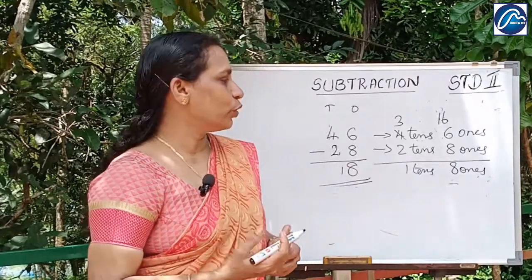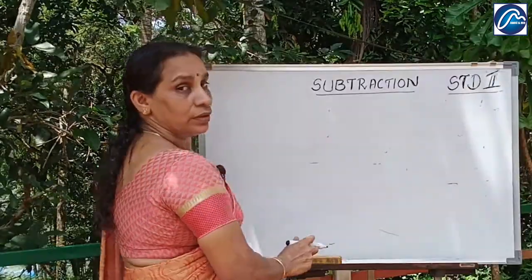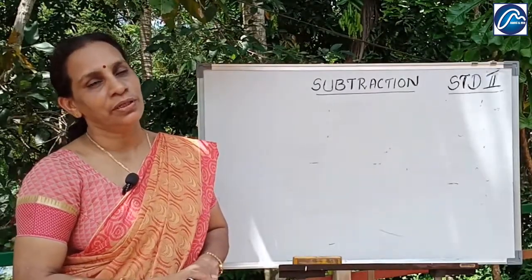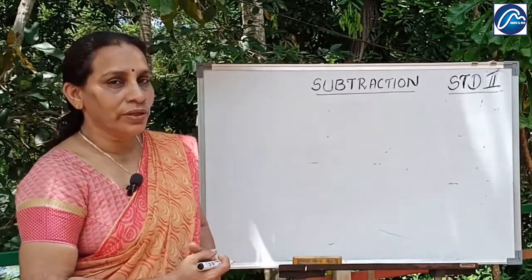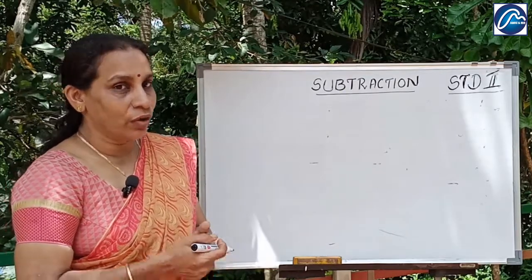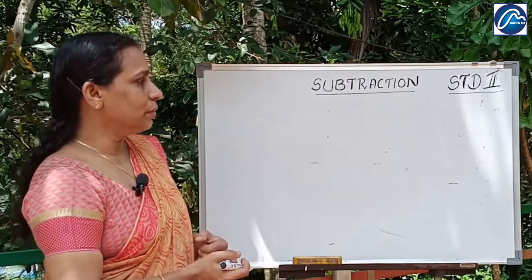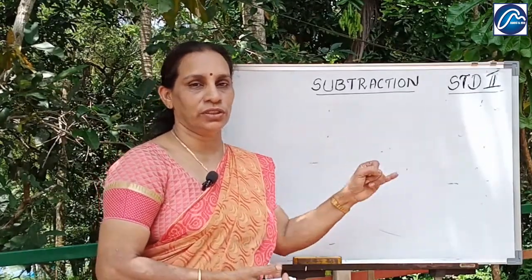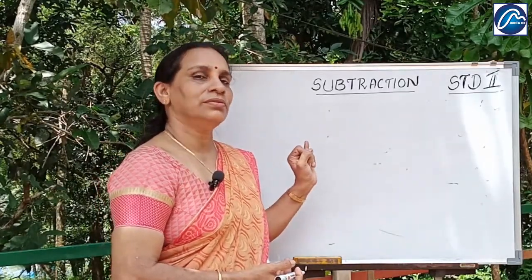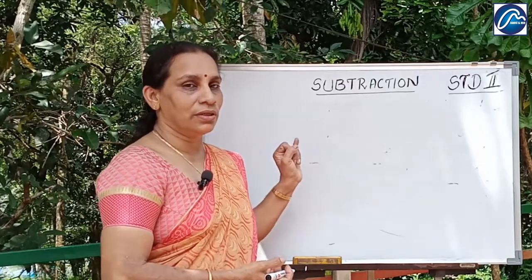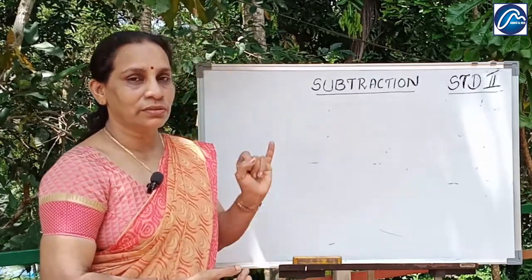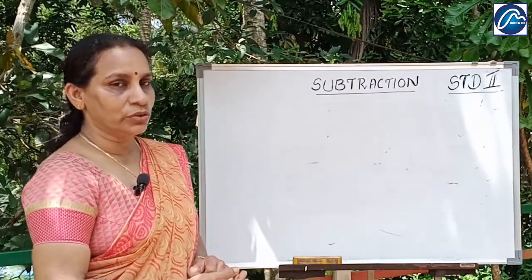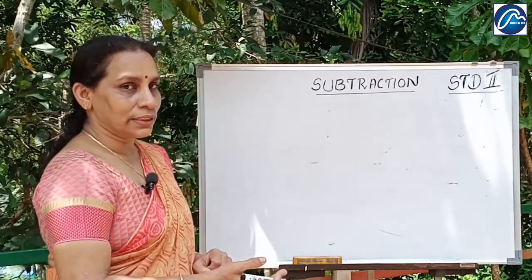With borrowing. Okay, that's a number grid from 1 to 100 in your textbook. So how to add, how to subtract. The numbers in the first row are 1 to 10, then 11 to 20, then 21 to 30, 31 to 40, like that.